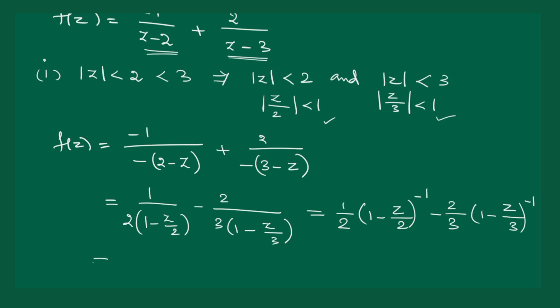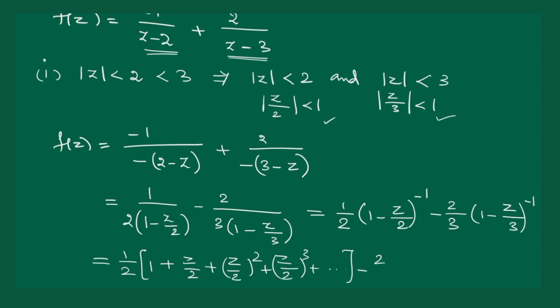So now, without any doubt, we can use binomial expansion, and here both are of the same sign, all positive. So z by 2, z by 2 whole square, z by 2 whole cube, it goes on like this, etc. Similarly for the second term, 1 plus z by 3 plus z by 3 whole square plus z by 3 whole cube, it goes on like this.